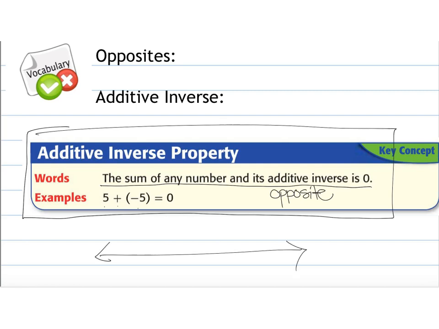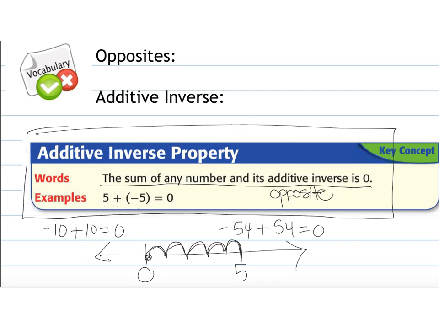If we have a number line and we start at 0 and we go 1, 2, 3, 4, 5. So start at 5 and then we go back 5 to the left, we will end up at 0. Or if we have -10 plus 10, we get 0. -54 plus 54, we get 0. So the sum of any number and its additive inverse is 0.